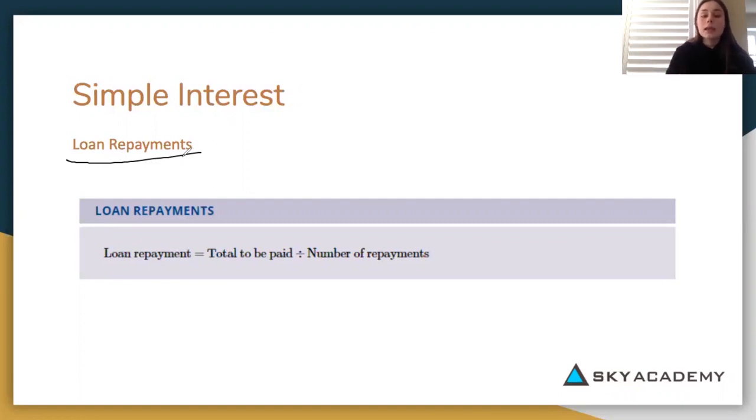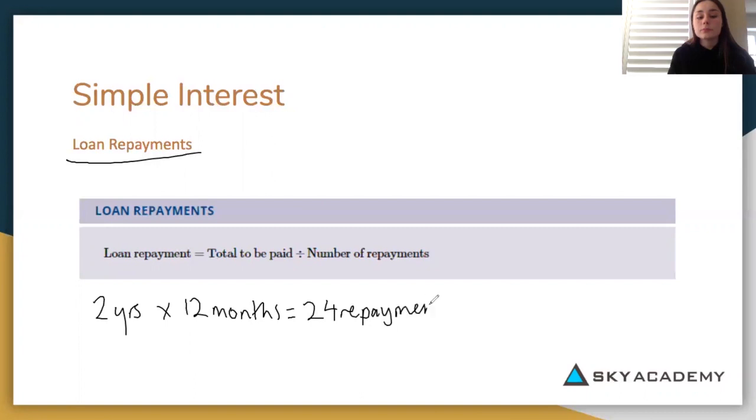So if you're paying it over a period of 2 years and you're paying it off monthly, then you're going to have a total of 24 repayments. And if we have a look at this blue box, if you divide the total to be paid by the number of repayments, you'll get the repayment for 1, which is a loan repayment.